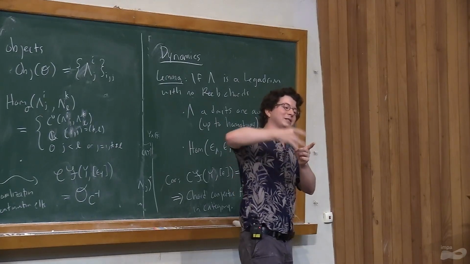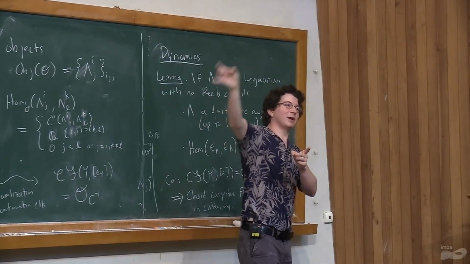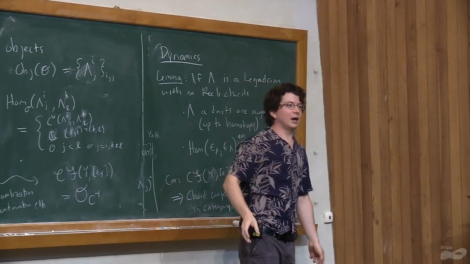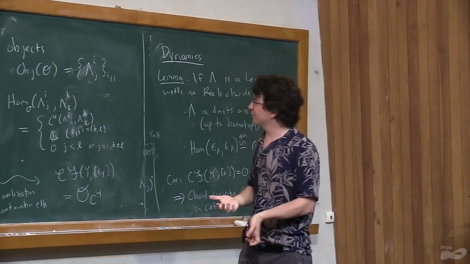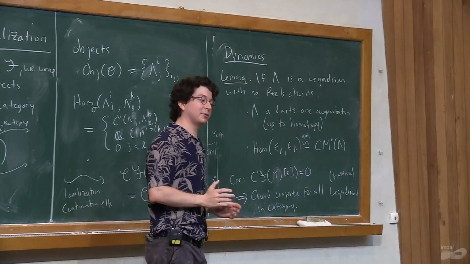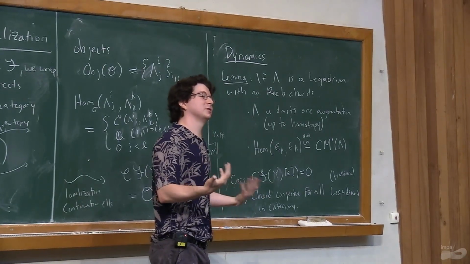Any Legendrian admits an isotopic Legendrian whose whole Reeb flow is disjoint from the original Legendrian. And you can go even further and implement that argument for something which has that property in some action-asymptotic way.